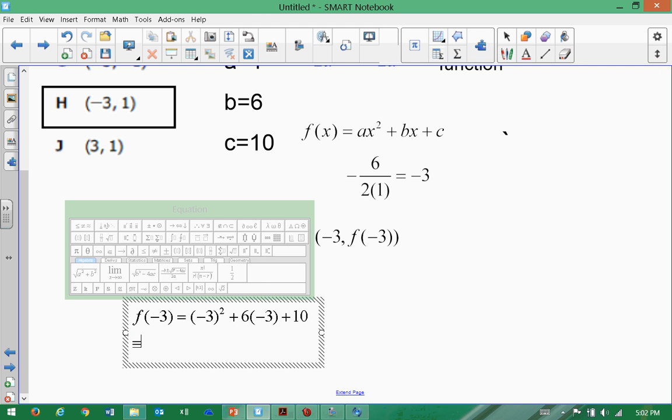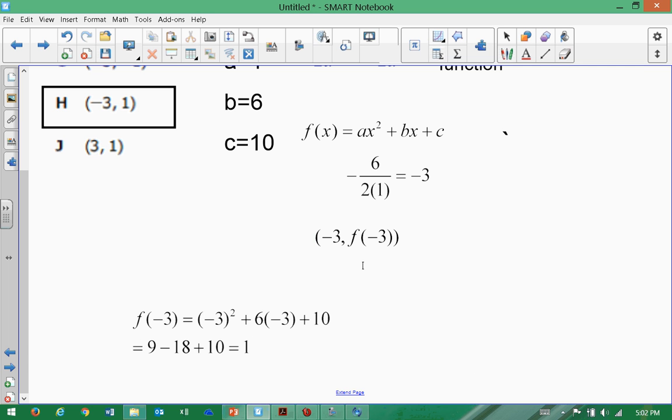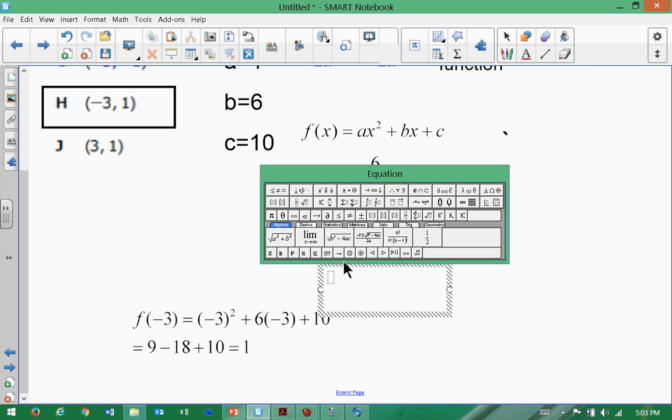Negative 3 to the power of 2 is positive 9, because a negative times a negative is a positive. So negative 3 times negative 3 is positive 9. We have 6 times negative 3, which is minus 18, and then plus 10. So 19 minus 18 is equal to 1, and f of negative 3 is equal to 1.